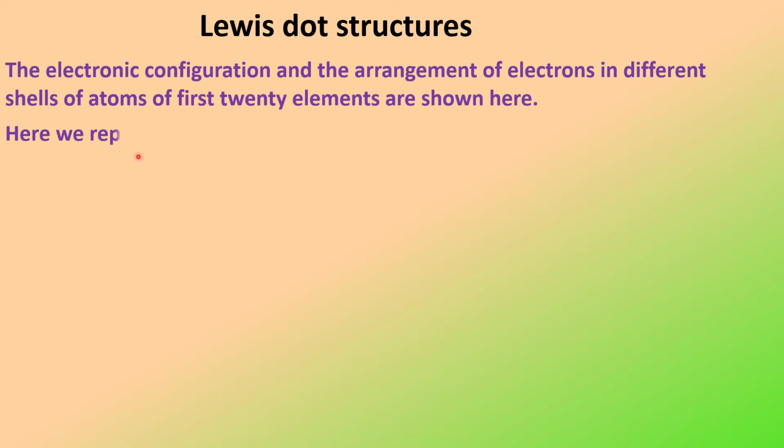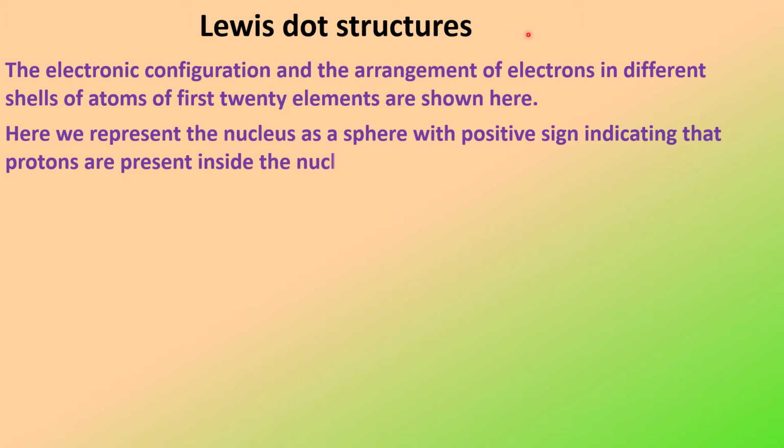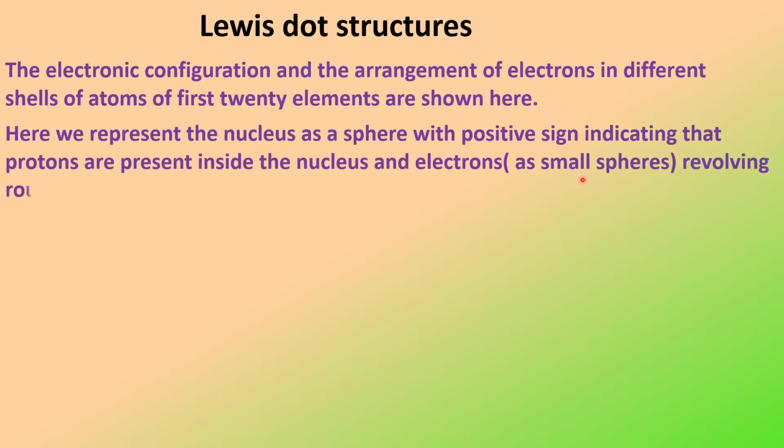Here we'll represent the nucleus as a sphere with a positive sign, indicating that protons are present inside the nucleus, and electrons will be revolving around the nucleus in different shells. I have taken the electrons as small spheres and the nucleus as a larger sphere.